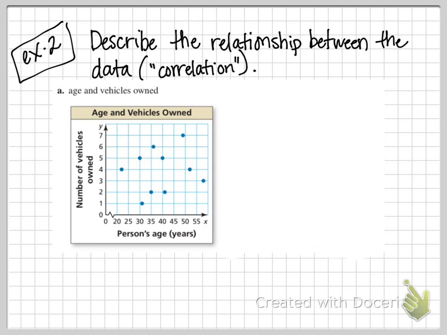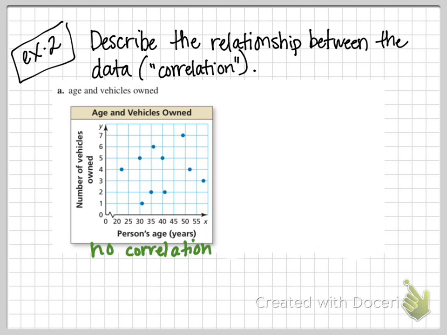I would say that there is not a correlation because look how far apart all of those dots are. They're kind of all over the place. So, looking at this data, we would say there is no correlation. It really has to follow a tight, clear pattern for us to be able to say that there is correlation.